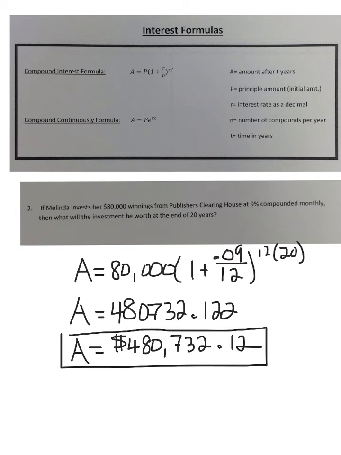Melinda won $80,000, and after 20 years in an account that compounds monthly at 9%, look at that, $480,732.12. Again, if you didn't get that, make sure that you check it over, see if maybe you made a small calculator error, take notes in your packet.